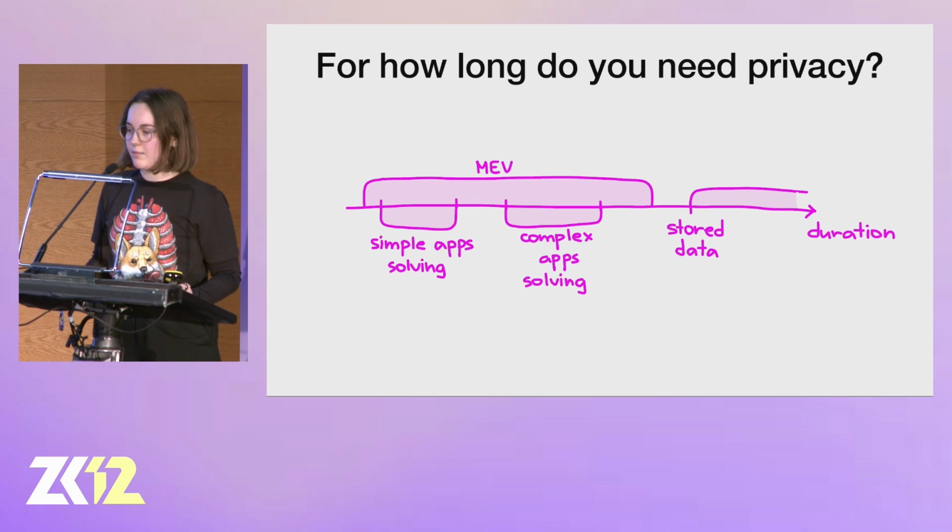But for the solving phase, when intents are turned into transactions, this is a short-term part. The privacy for that phase should last less than minutes, probably. I don't know. Let's say seconds. So a big difference, years and seconds.